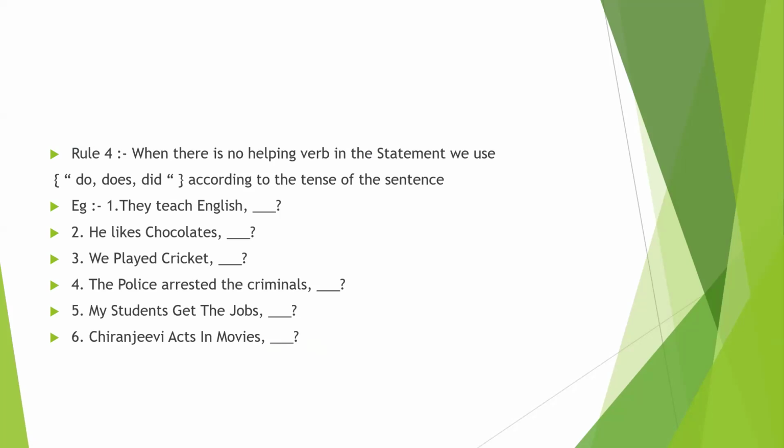Suppose the statement does not contain any helping verb, then how do we write the question tags? When there is no helping verb in the statement, we use do, does, did according to the tense of the statement.